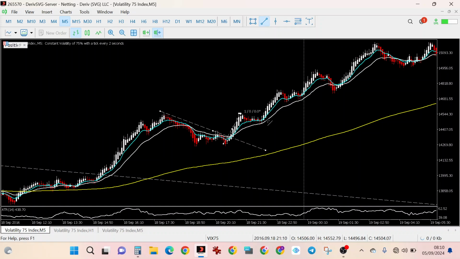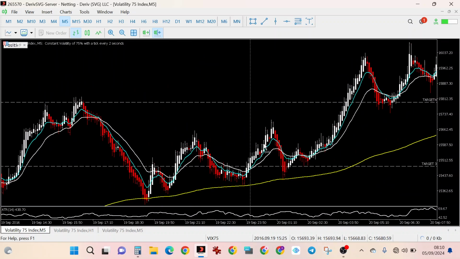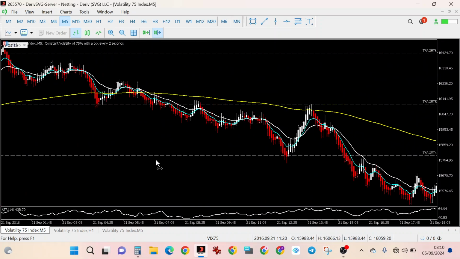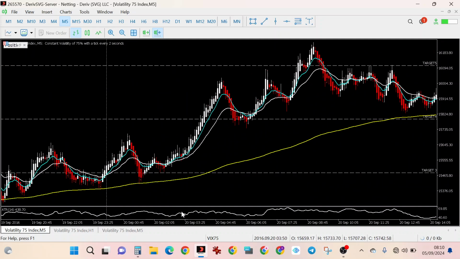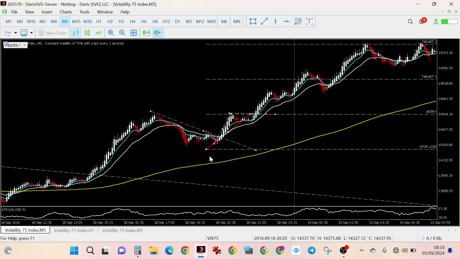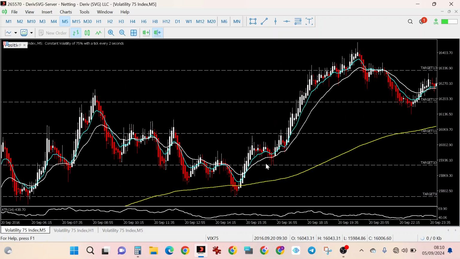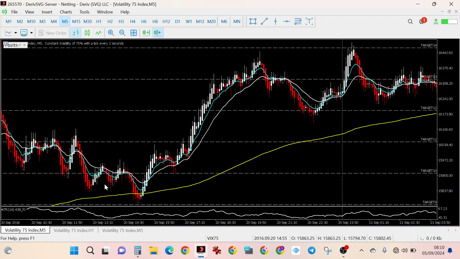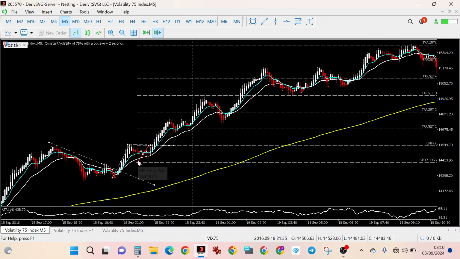So you enter the tight stop loss or a stop loss below here, and the market goes your way. Okay, at least 5 times your risk. If you're putting your stop loss below that point, it's going to be safer. You're not going to be stopped out all the time. But if you put it below here, you're going to be able to catch more moves, bigger moves. Okay, like 10 times your risk or so. But the other one will allow you to catch let's say 5 times your risk.